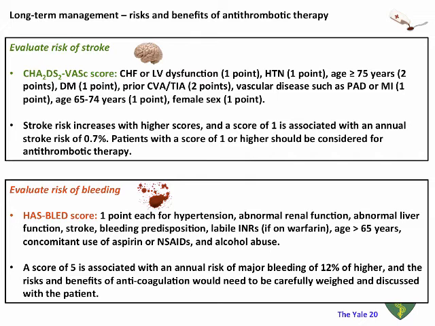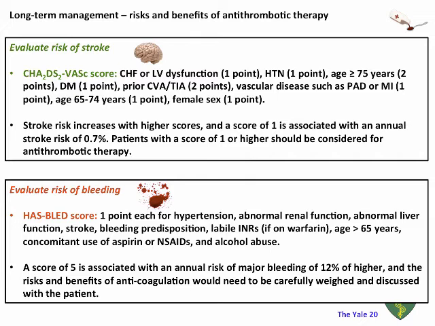So 1 point for CHF or other LV dysfunction, 1 point for hypertension, 2 points for age greater than or equal to 75, 1 point for diabetes, 2 points for prior stroke or TIA, 1 point for vascular disease, 1 point for age 65 to 74, and 1 point for female sex.